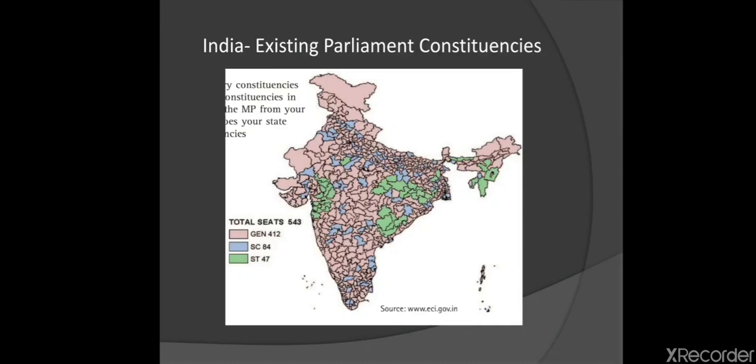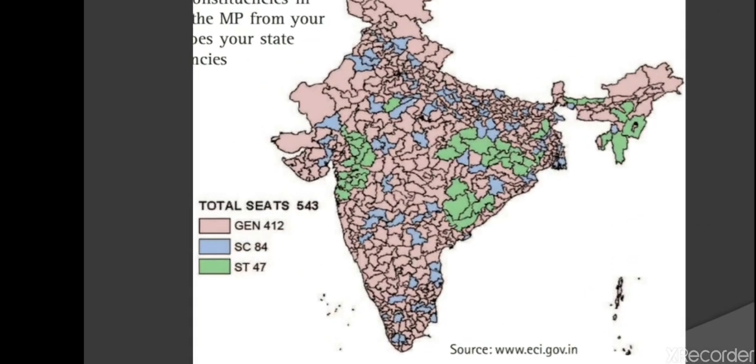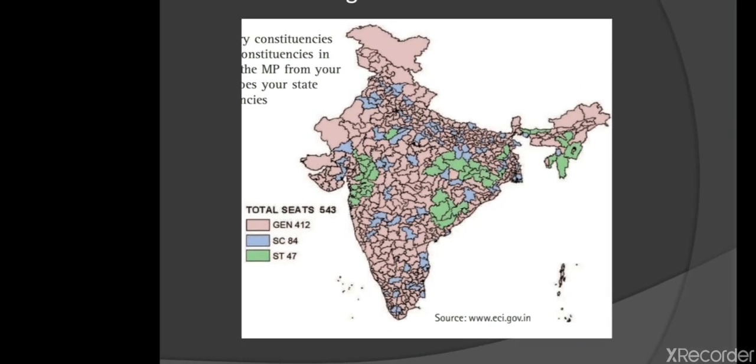Here you can see that in the Lok Sabha the total seats are 543, and out of that 412 are for the general category, 84 are for scheduled castes, and 47 are for scheduled tribes. You can see the areas shaded with light pink.